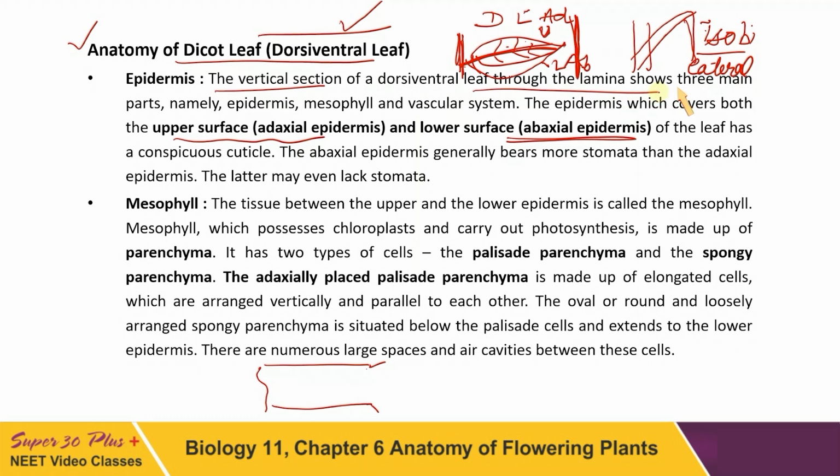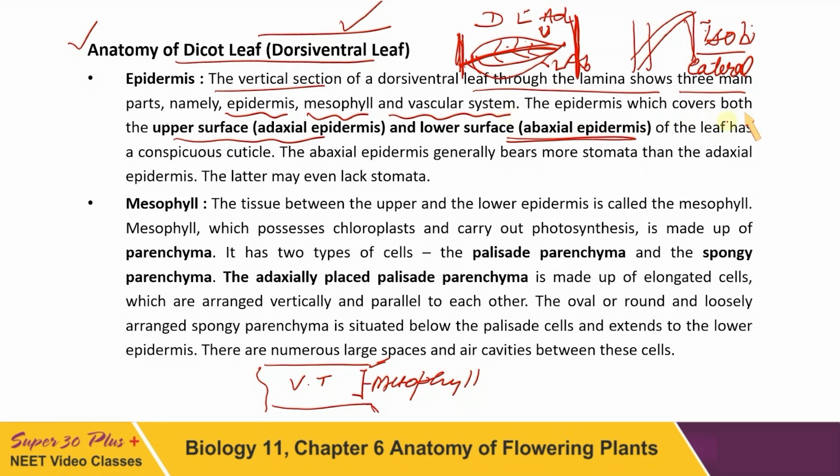It shows three main parts: the upper epidermis, the lower epidermis, and the tissue in between, known as mesophyll, and in the mesophyll we have the vascular tissue. So the three important parts are the epidermis, mesophyll and vascular tissue system.